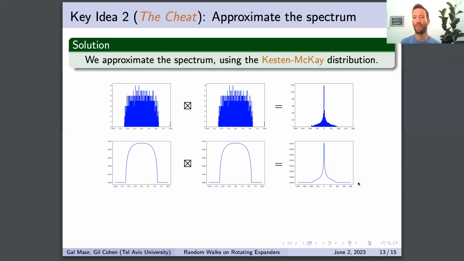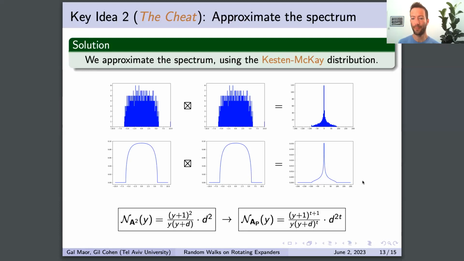It did not look that simple, but it turns out that its N transform is rather simple. This is actually the N transform of the Kesten-McKay distribution squared. And through our cheat, this is an approximation of the N transform of the original graph squared.